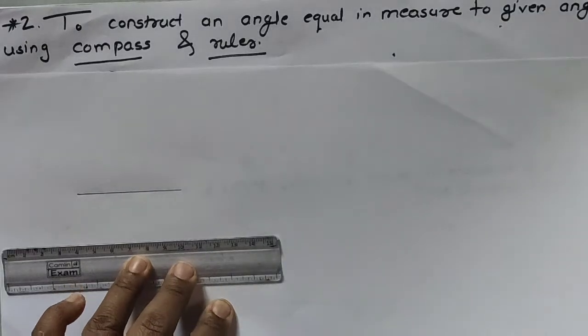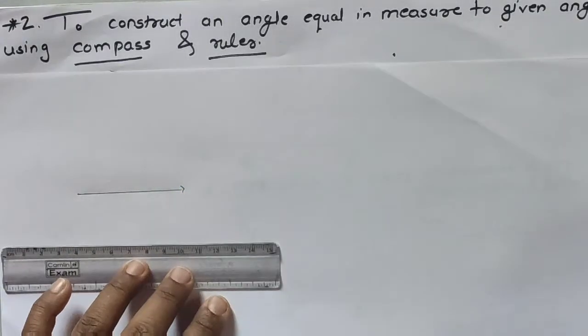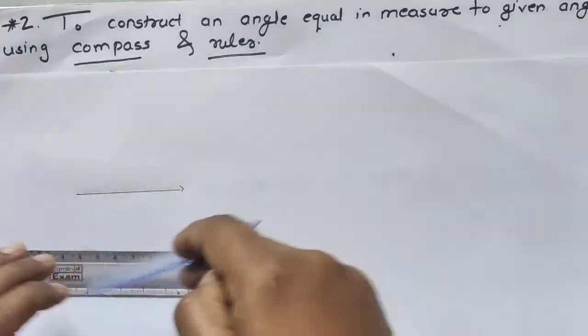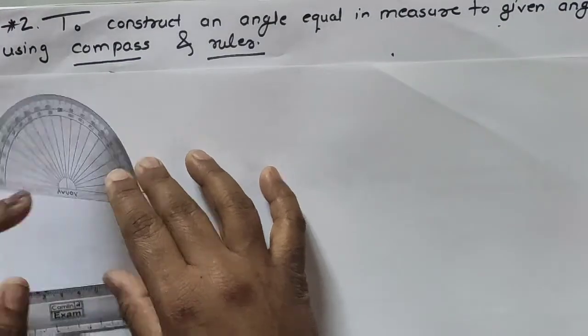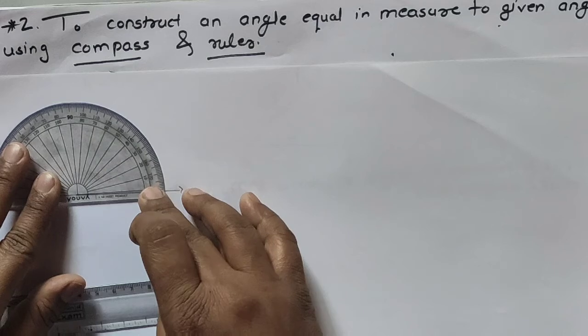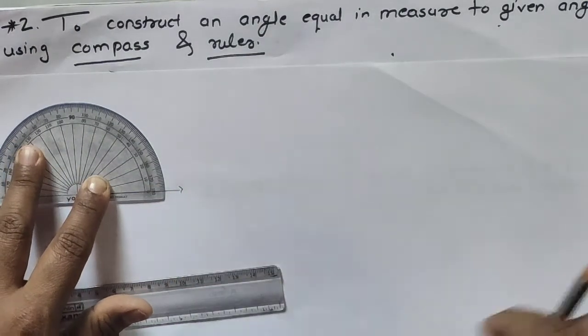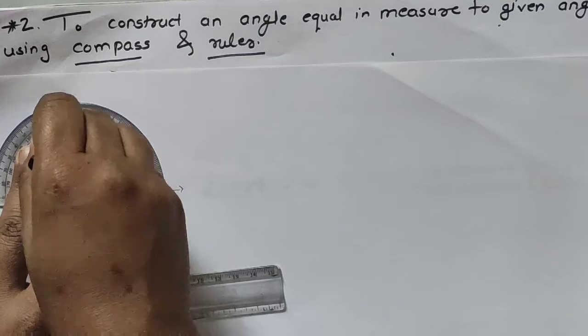The same process is there, so we have to follow the same steps. This is a right angle. Right angle means its measure is 90 degrees. So I will draw here an angle of 90 degrees.